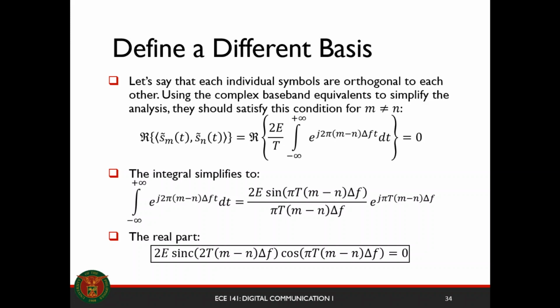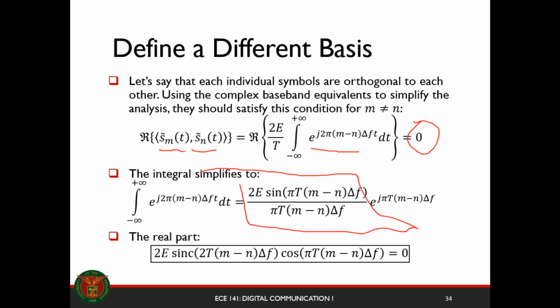So then we need to get the inner product between your two different frequencies. And if we want them to be orthogonal, then their inner product should be 0. So your integral simplifies to, so this is just a simple integral. That's just your natural exponent.